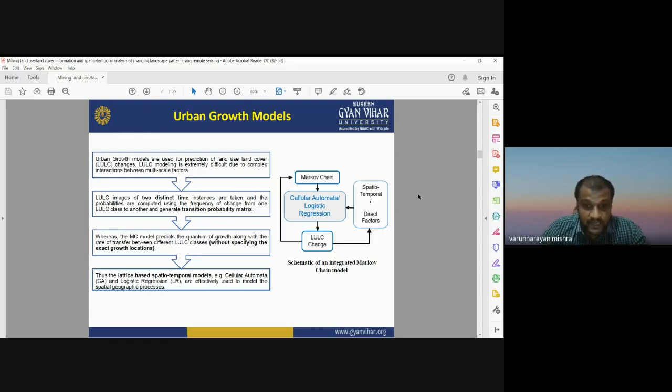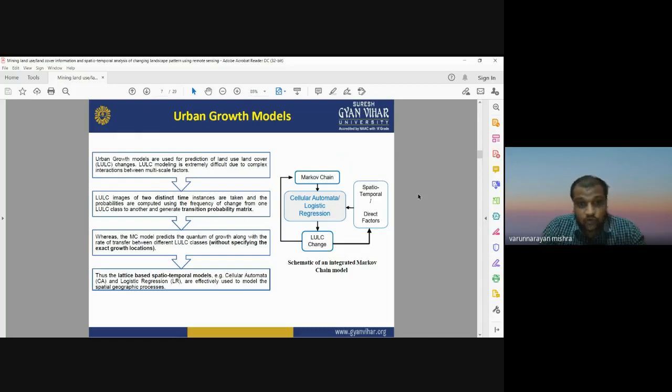Transition probability matrix is a two-dimensional matrix having rows and columns that provides us the information about the probabilities of the change of one LULC class to another LULC class over the period of time, whatever study period you are going to study, 10 years, 20 years, 30 years, 40 years. So the Markov chain model is very important for analyzing this kind of land use land cover changes.